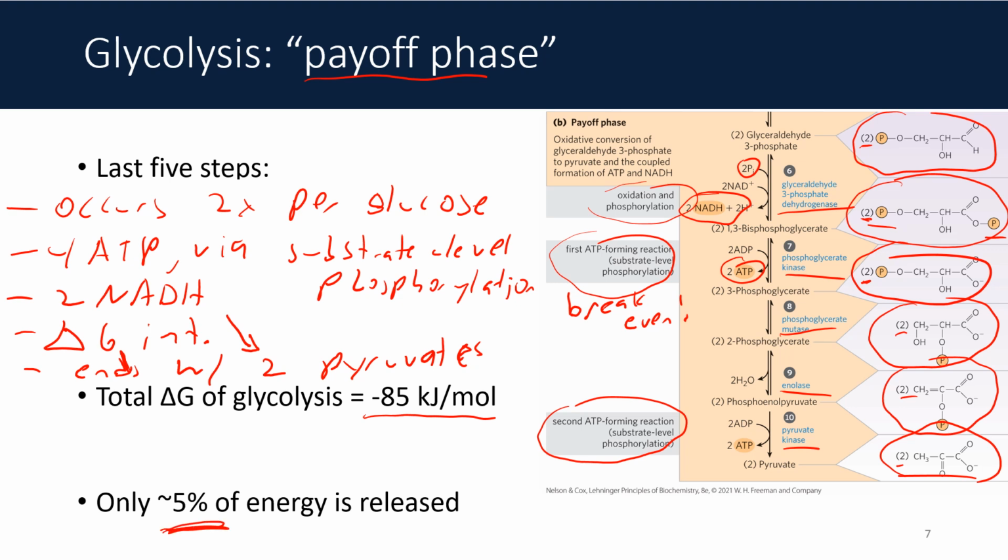That 85 kilojoules per mole extracted out is only 5% of the potential energy released from a glucose molecule. In the weeks to come, I will teach you how to get the other 95% out via aerobic respiration.